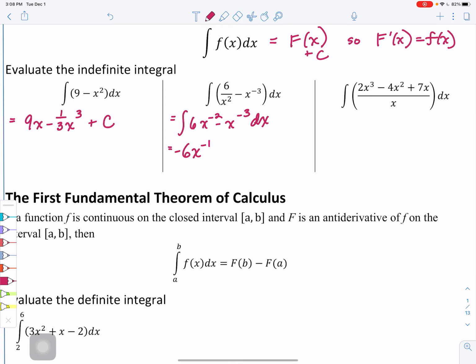Okay? So this is the antiderivative evaluated at 6 and the antiderivative evaluated at 2. So that's really, really important. Okay? So if you work that out, I believe you would get 216, but guess what? You can check this 216 by using Math 9.